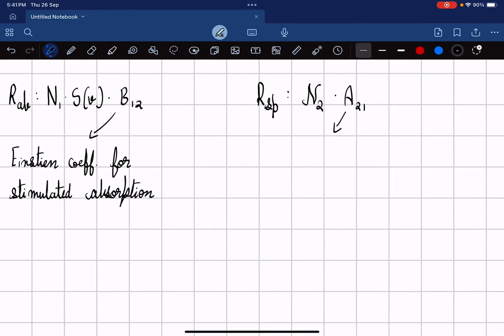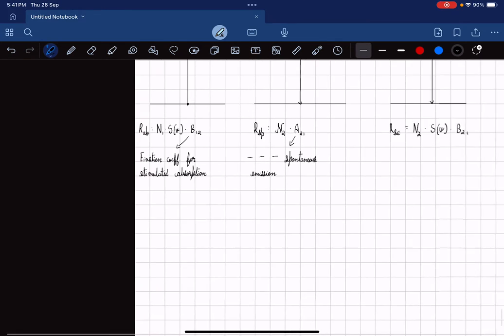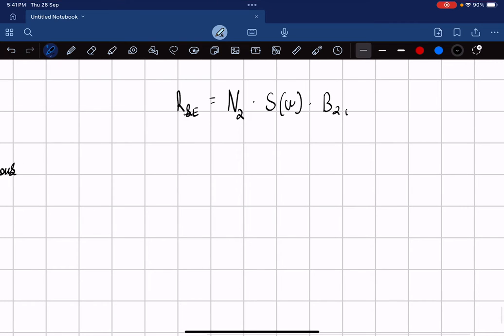And this here is the Einstein coefficient for spontaneous emission. And this right here is the Einstein coefficient for stimulated emission.